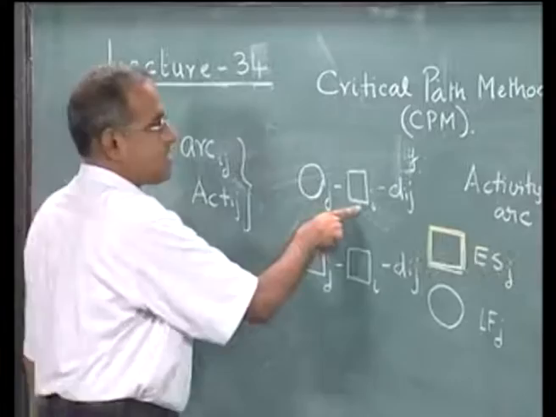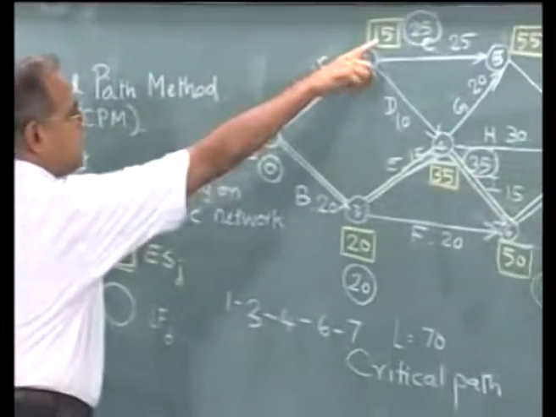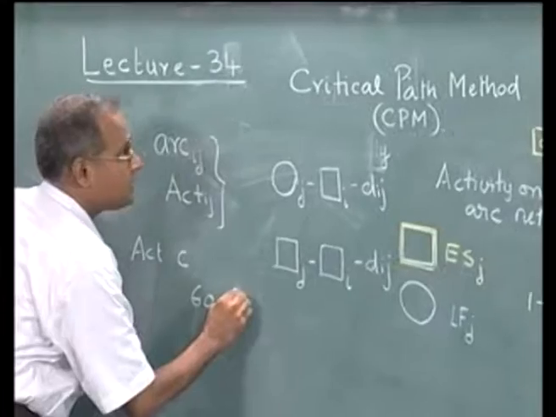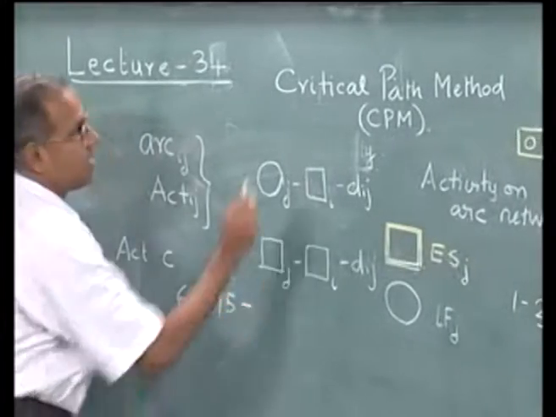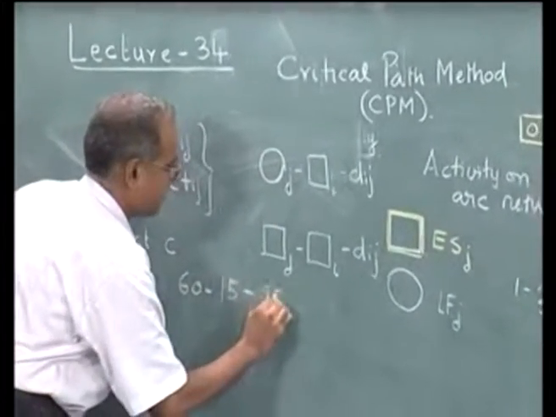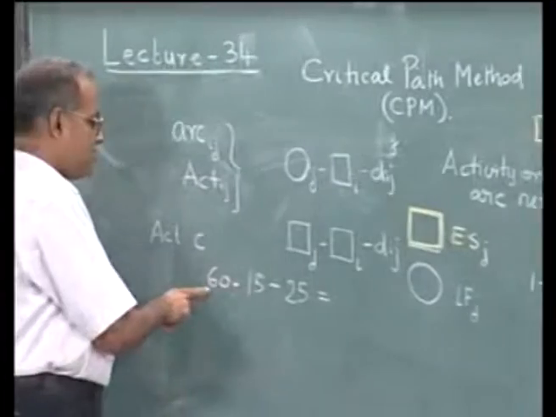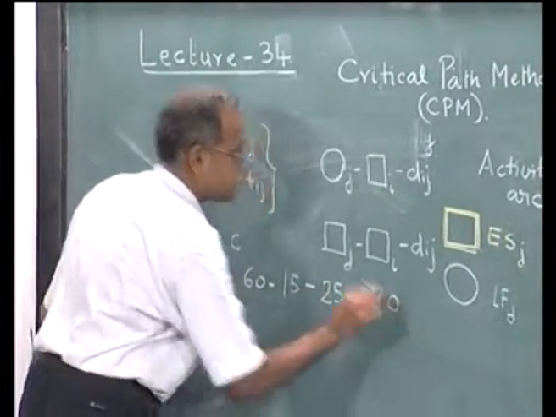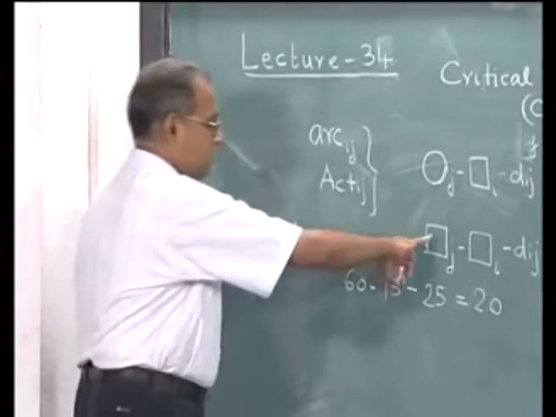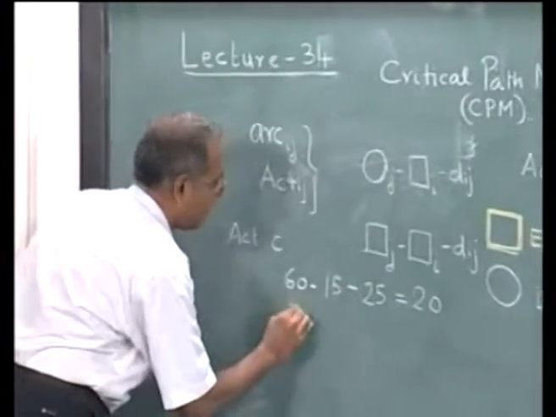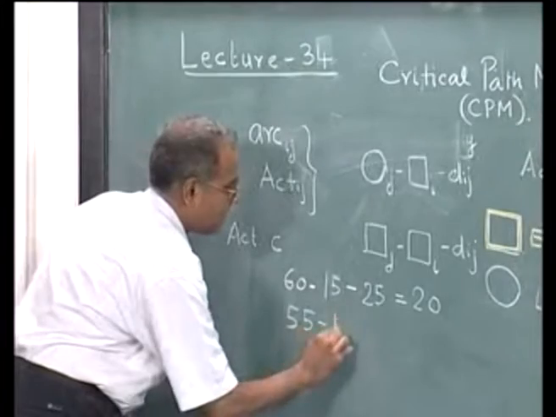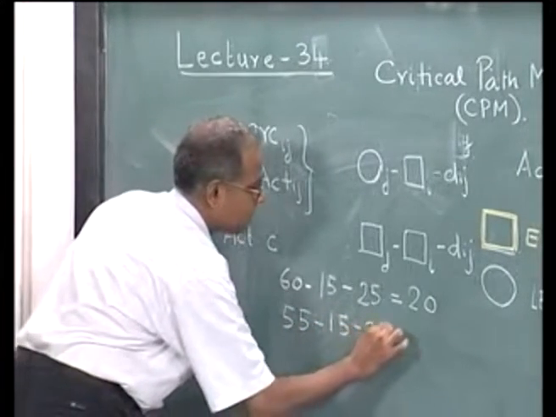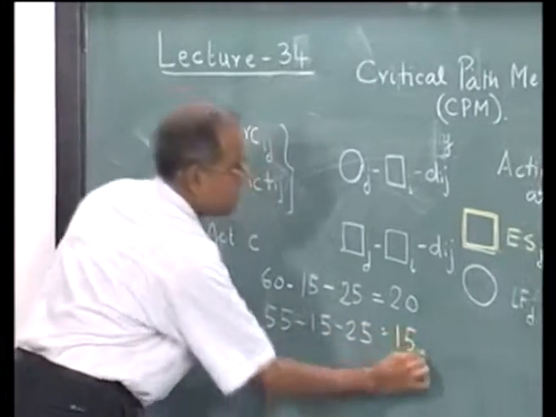The forward pass label is the label corresponding to 2, which is 15, minus the duration, which is 25. So, this will be 60 minus 15 is 45, minus 25 is 20. Now, the second one is 55 minus 15 minus 25, which is 15.